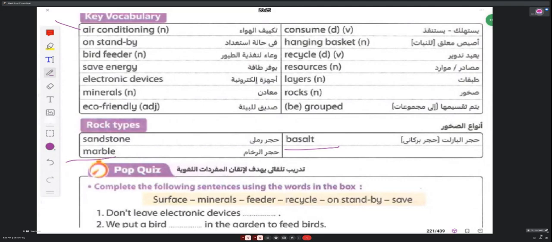Air conditioning, on standby, bird feeder, save energy, electronic devices, minerals, eco-friendly, consume, hanging basket, recycle, resources, layers, rocks, be grouped, sandstone, marble, basalt. بازالت، البازالت اللي هو بالعربي نفس المعنى بازالت.